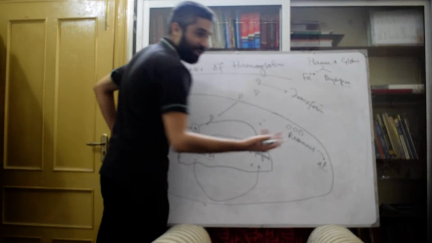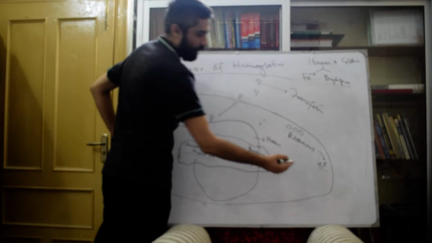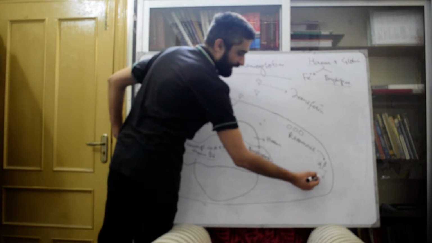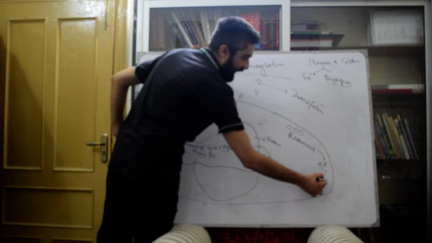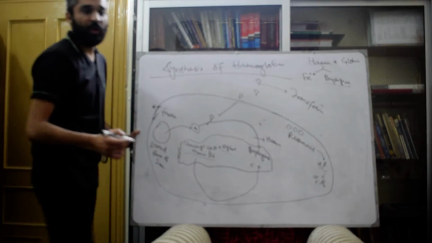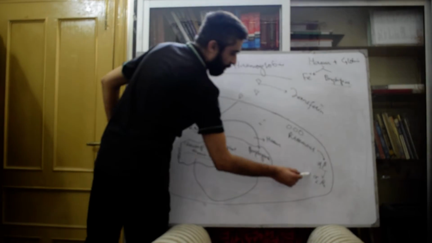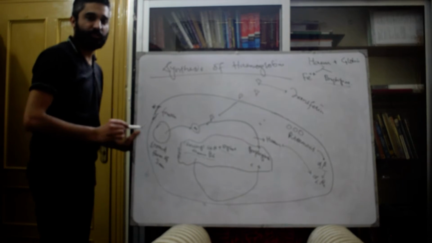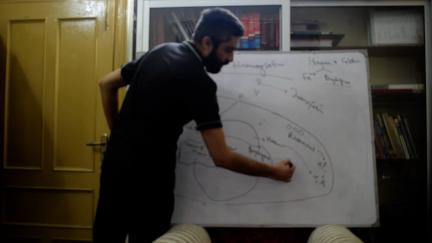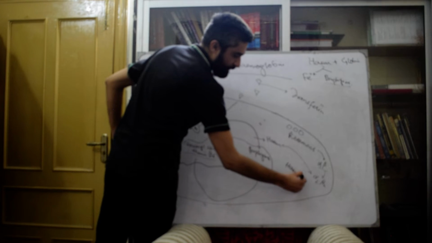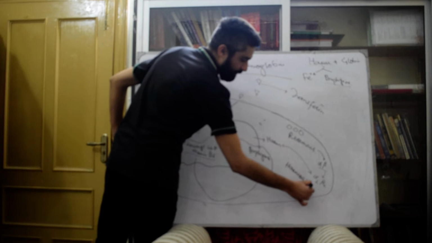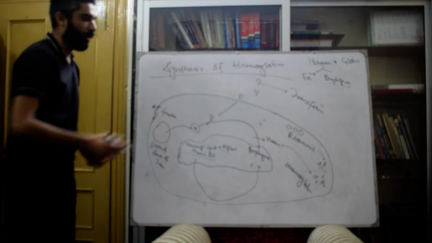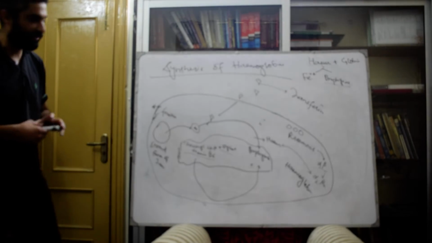This cannot form a molecule of hemoglobin, so from this dimer you get a tetramer, two alpha and two beta molecules. They combine together with the molecule of heme, and you get hemoglobin. So these are all the reactions of how this synthesis takes place.